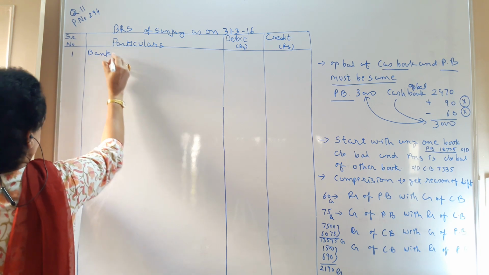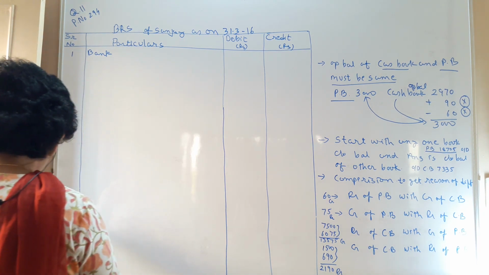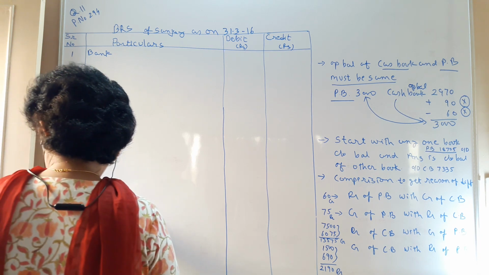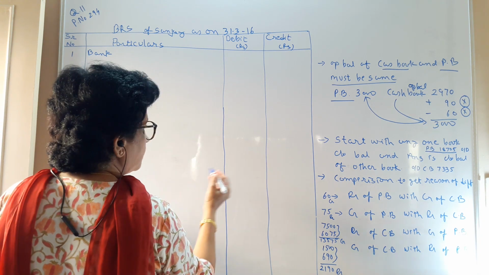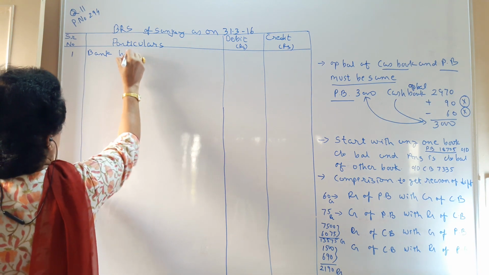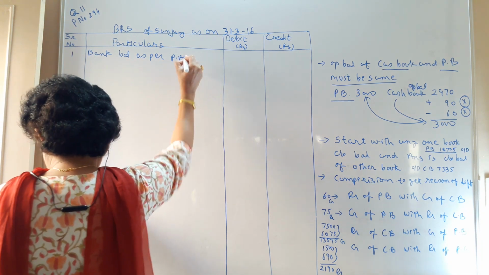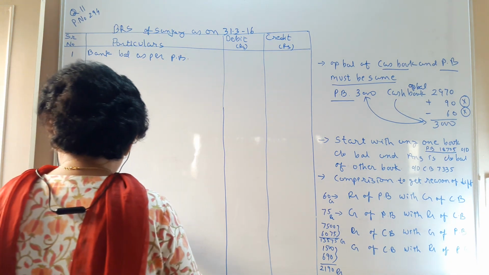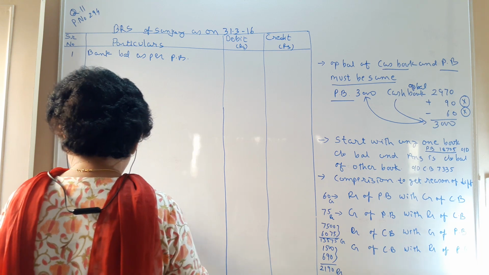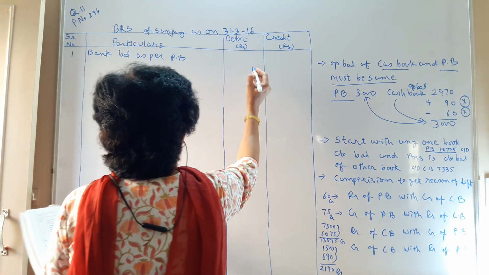You have here an overdraft, that is, the balance as per the passbook, 18,705.